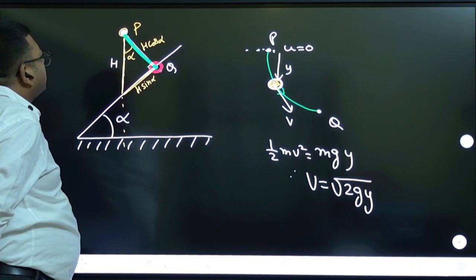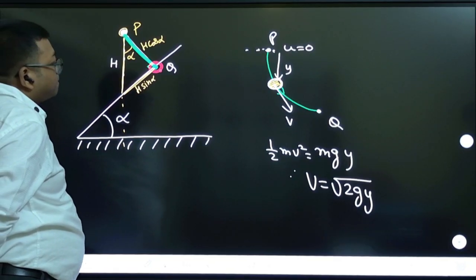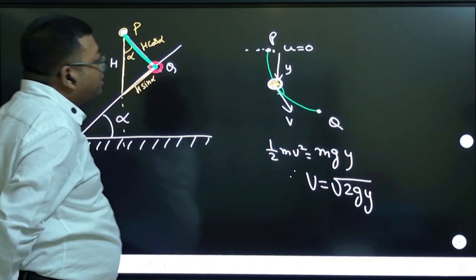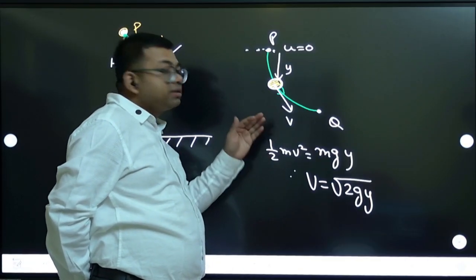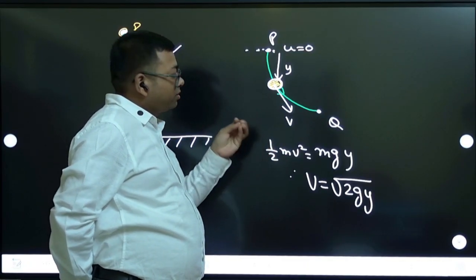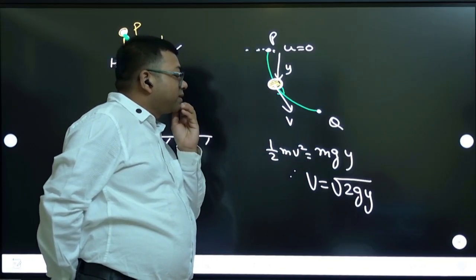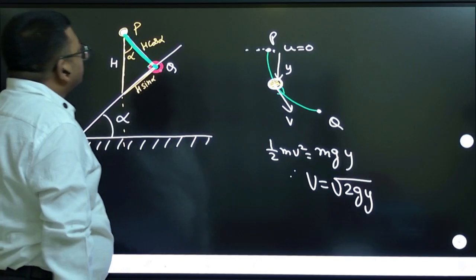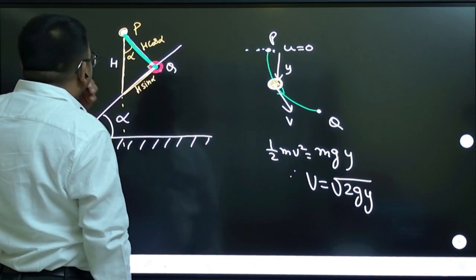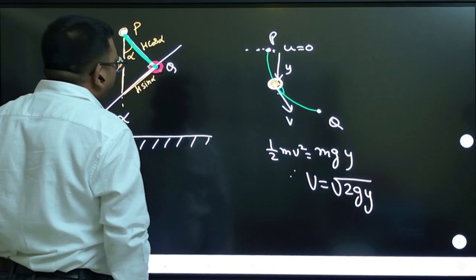And then how do we calculate? Kinetic energy is equal to potential energy. Energy conservation, we have studied in 9, 10. So if you release, that potential energy converts into kinetic energy. Okay, so how do we find out?